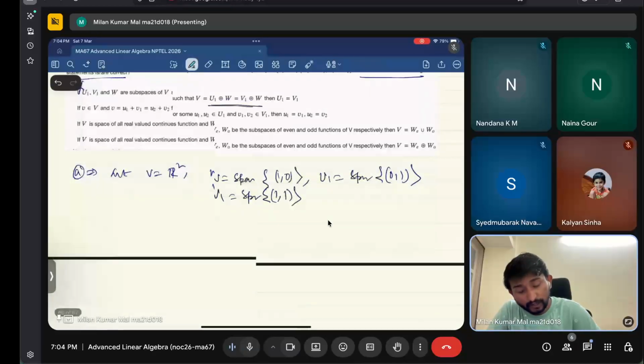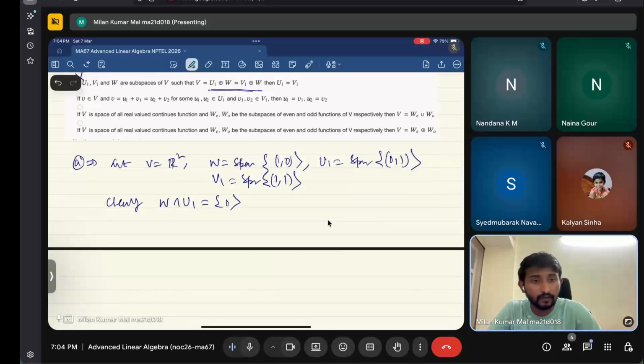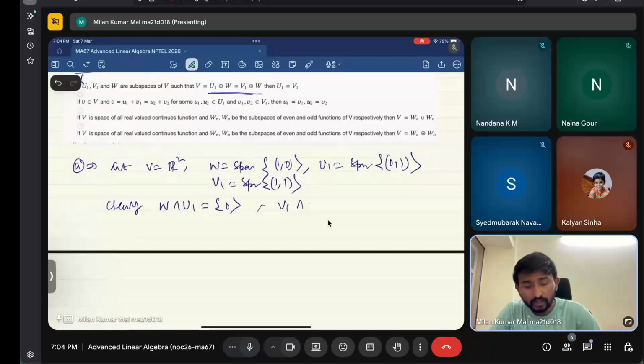So clearly, look carefully: W intersection U1 is the zero space, and V1 intersection W is also the zero space. Why?